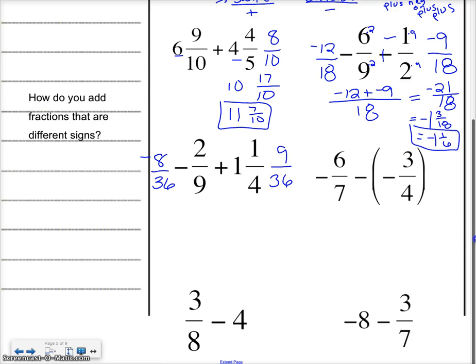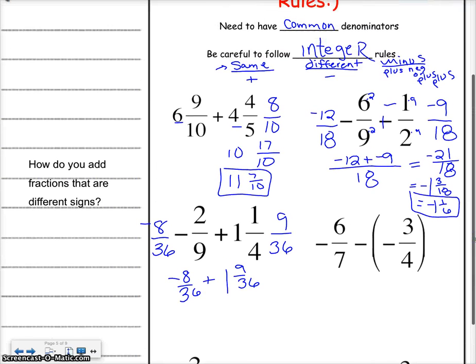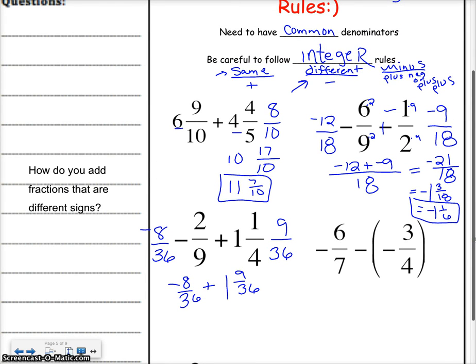So now I'm going to just rewrite what I have. Negative 8 over 36 plus 1 and 9 over 36. You can't go negative 8 plus 9. So if you're thinking go negative 8 plus 9, you can't. They are different signs. Different signs means you take the difference.